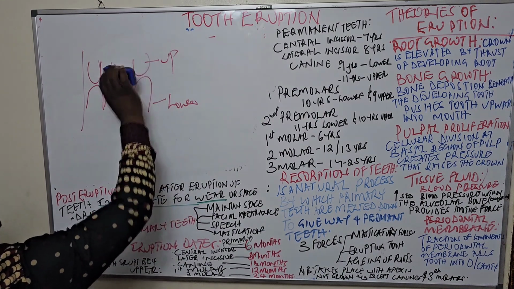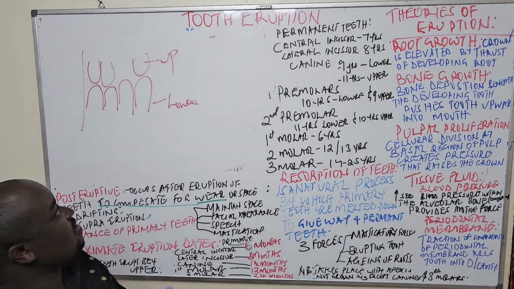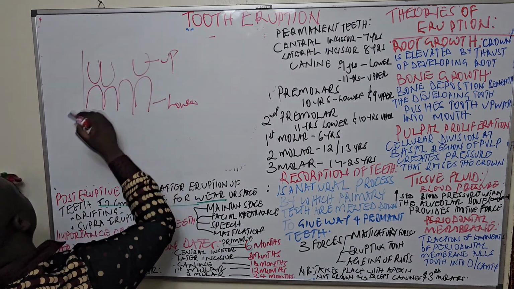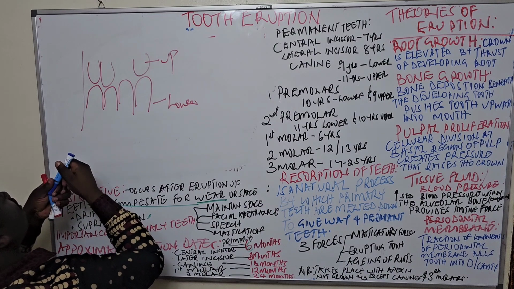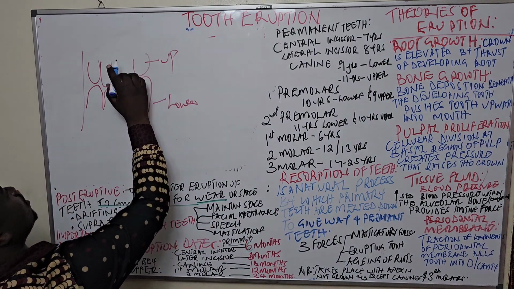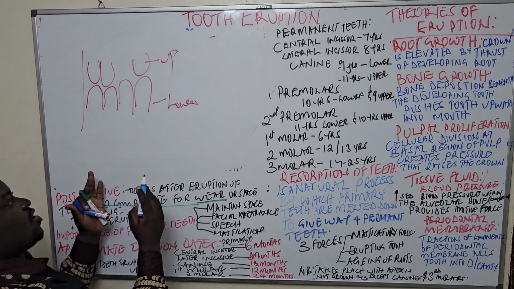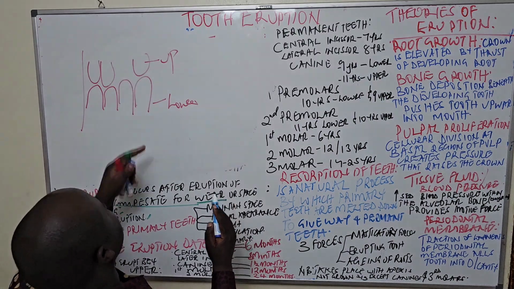When tooth X suffers, maybe due to trauma or dental caries, and you lose tooth X, the neighboring teeth are going to compensate by drifting. Drifting means they grow closer to this space to close it.